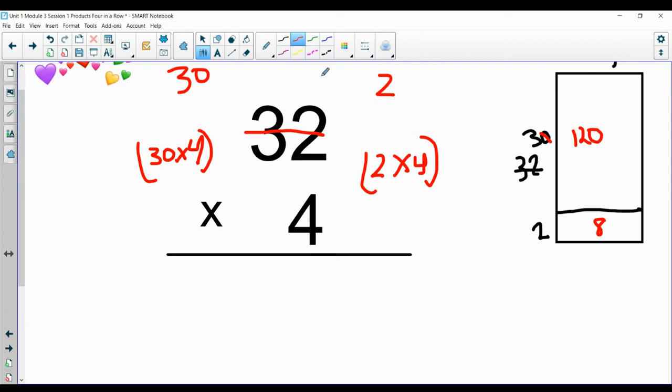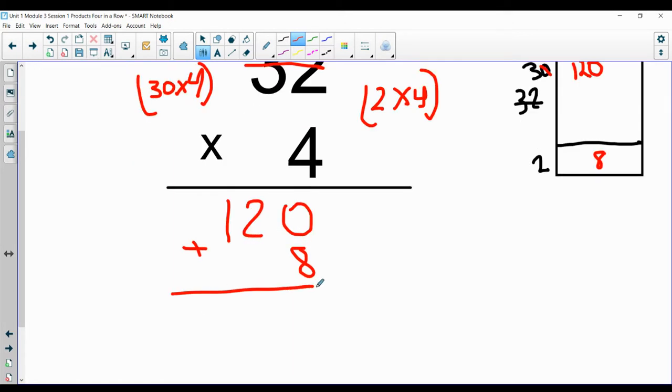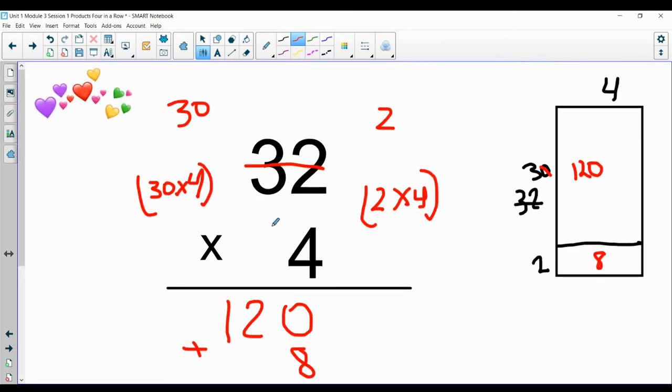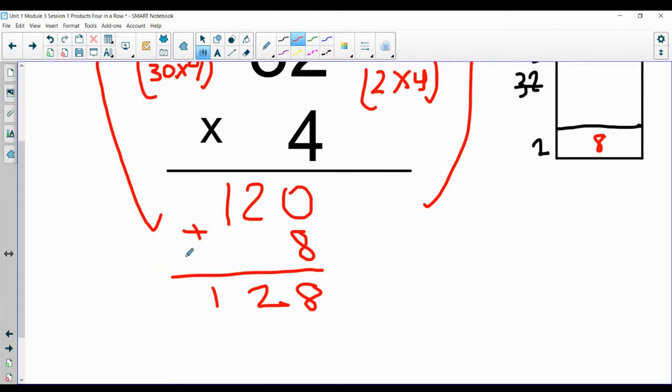Now over here, since you divided it up into parts, you have to put it back together. So you take this one, put it underneath here, and the 2 times 4 underneath it, and then add it together to get 128. We called this the heart method last year because it kind of looks like a heart when you connect it all up like this.